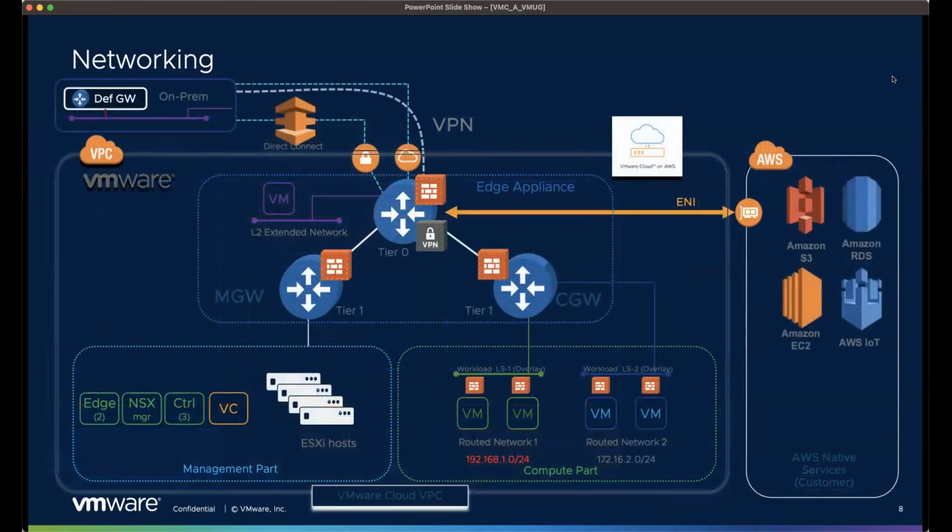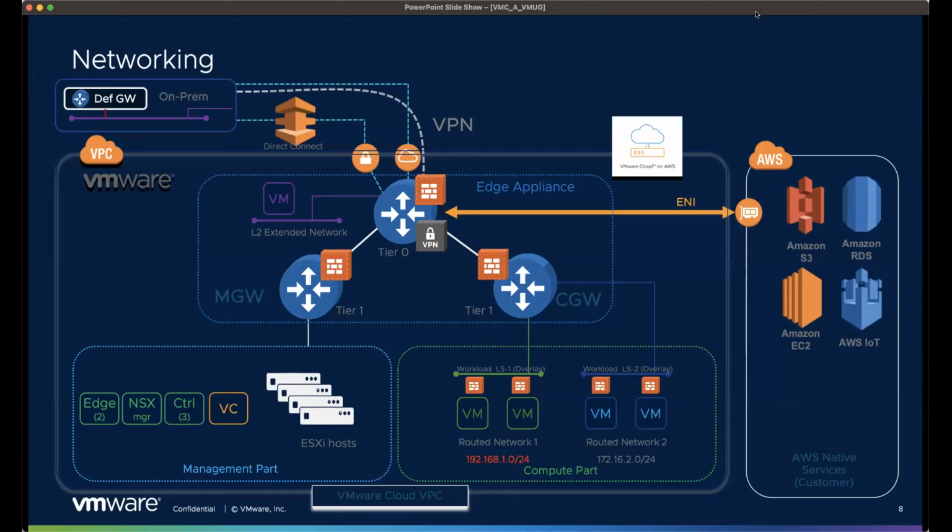This is what it looks like in the, let's say, implementation detail. I assume NSX-T is somewhat known in this audience. NSX-T has what we call multi-tier routing support.